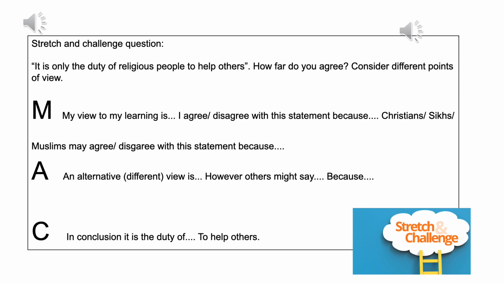Okay, so all religions, Christianity, Sikhism, Islam, and some of the others that we haven't covered this year, believe that you need to put others before yourself. Heaven, that would go into Christianity and Islam, because one of the reasons why Christians and Muslims try and help other people as much as they can is because they believe that when they die, God will reward them for all the good that they have done. Okay, and that's one of the reasons that motivates them or inspires them to help other people.